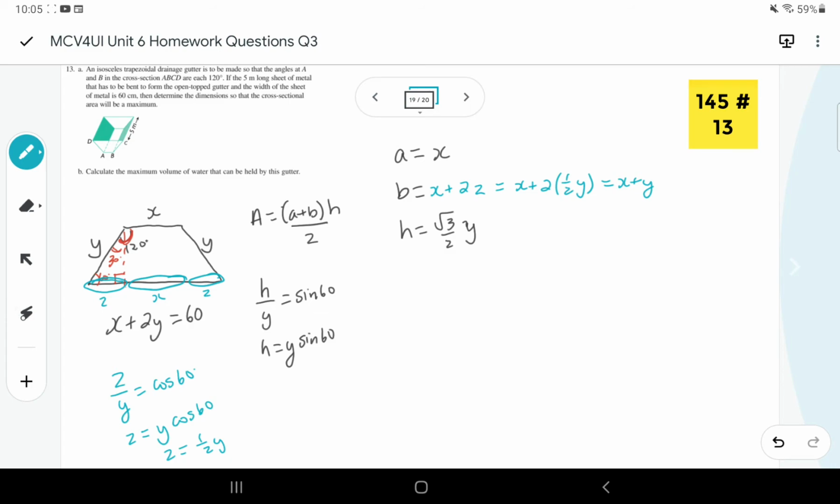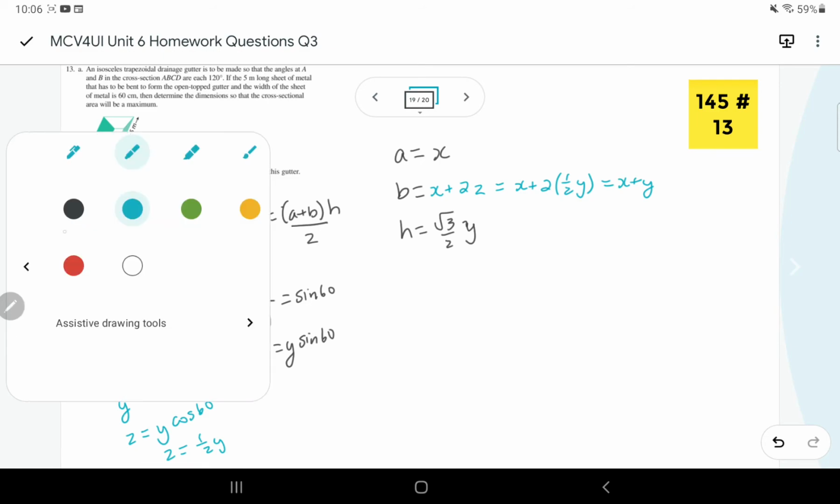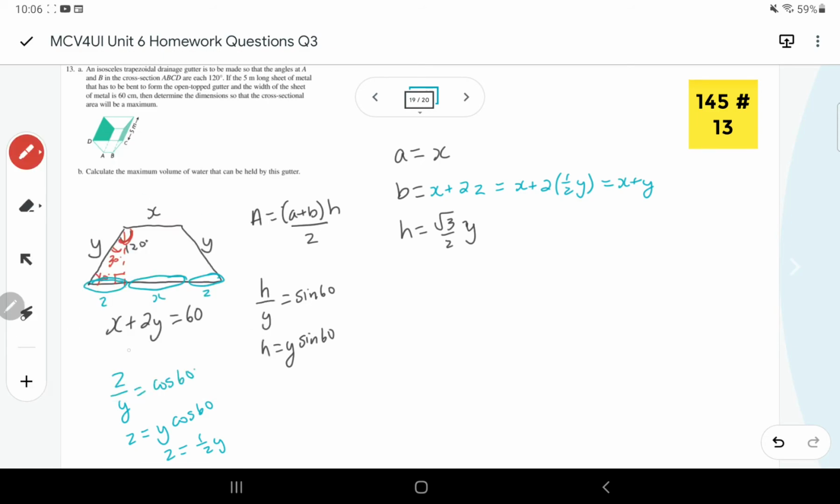So I have the 3 pieces of this area equation in terms of x and y. I don't really want them in terms of x and y. I really want them in terms of 1. So I think it's easier to solve for x, so I'll call that 60 minus 2y, and sub that in wherever I have an x.